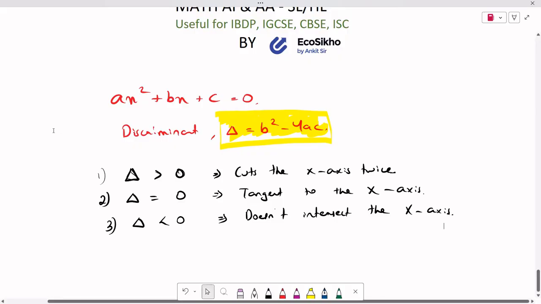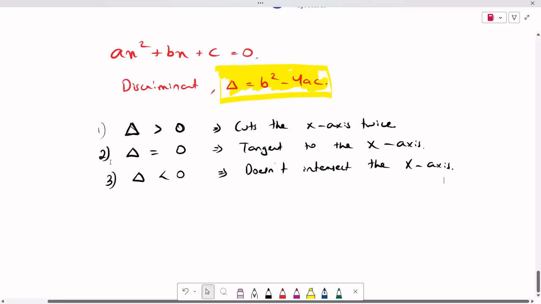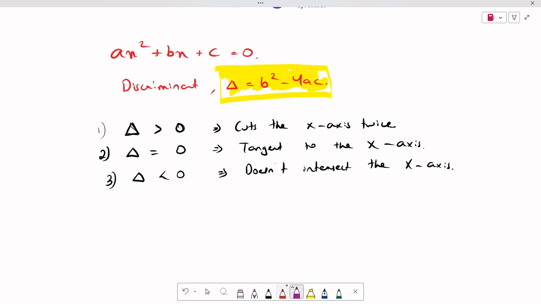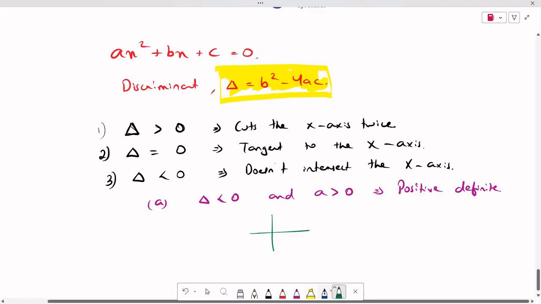Now, for the third one, where the discriminant is negative, there can be two further cases. The first case is where the discriminant is negative and a, the coefficient of x², is positive. This results in a shape known as positive definite. Let me give you an example. Let's say this is my Cartesian plane.